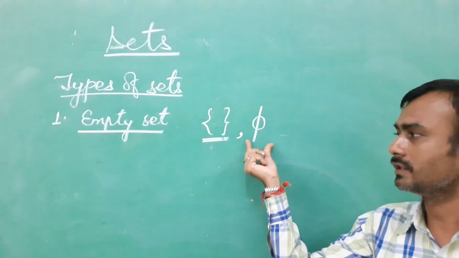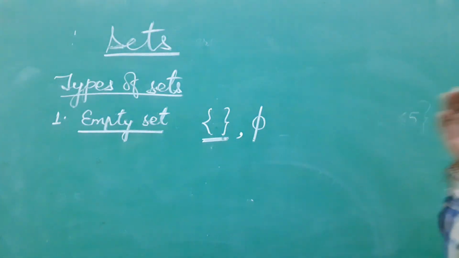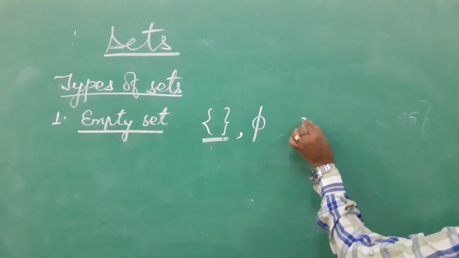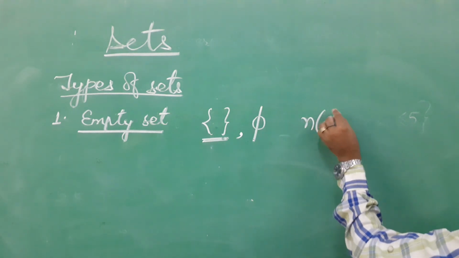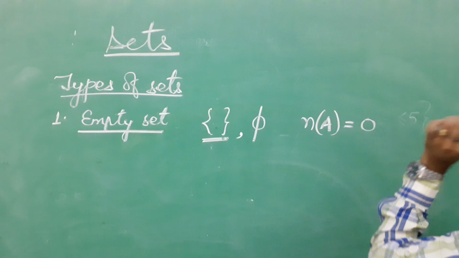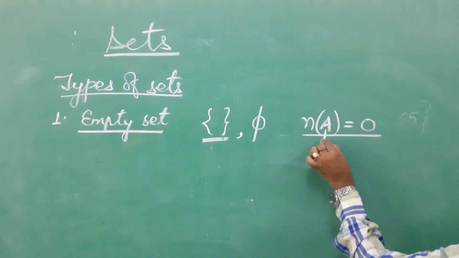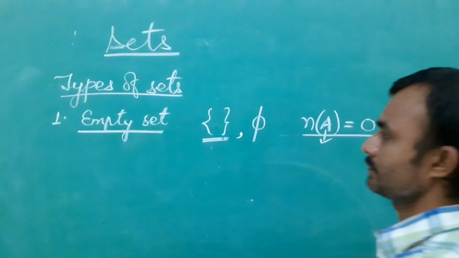Phi stands for empty. Sometimes this empty set is also known as null set or void set. If the number of elements in any set is 0, then that set is known as an empty set. Number of elements in set A equals 0, so this set is an empty set.